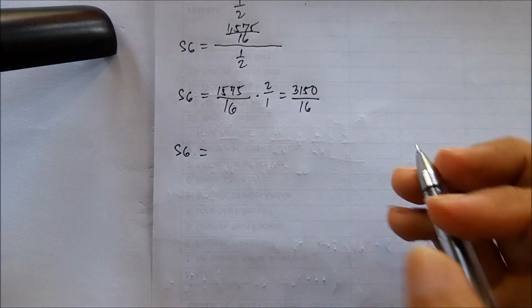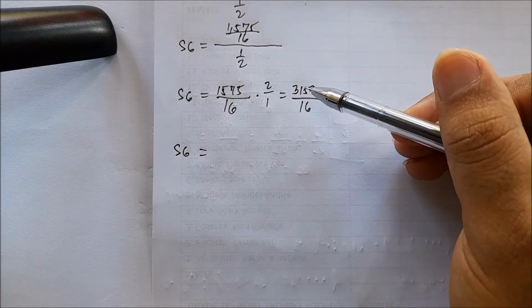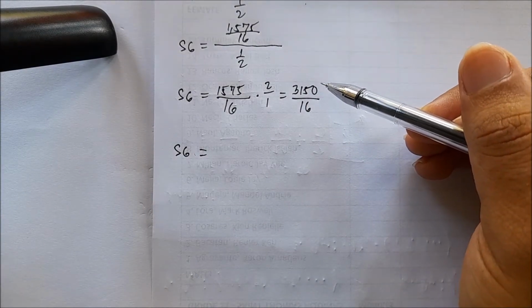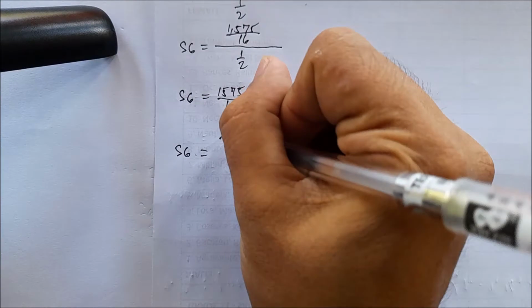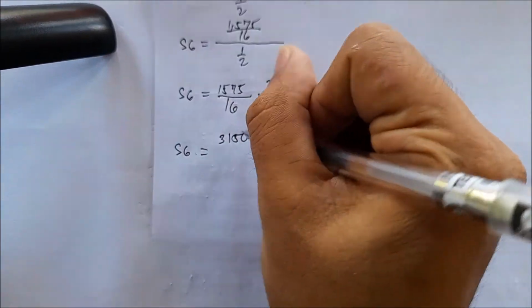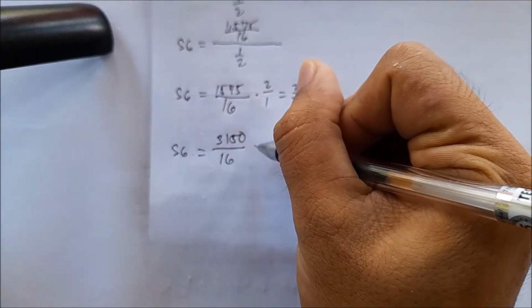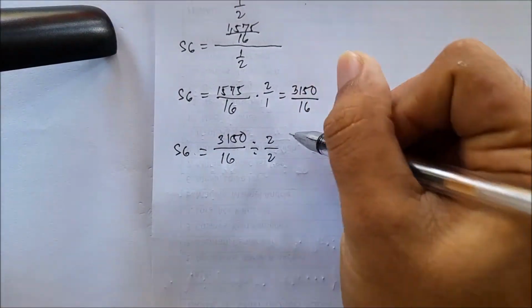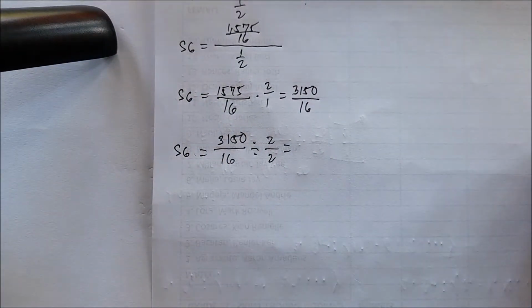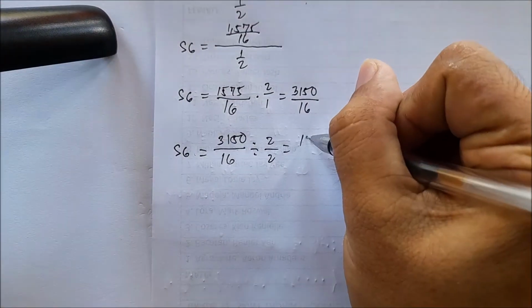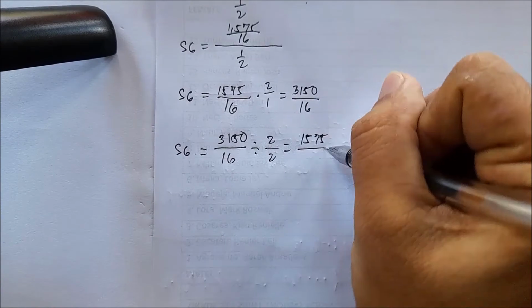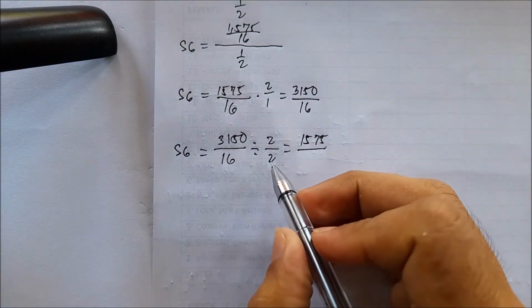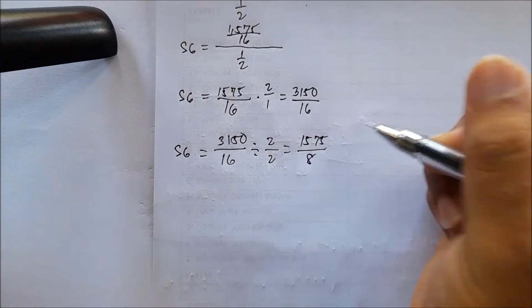S sub 6 equals, you can simplify that: 3,150 over 16, divided both by 2. 3,150 divided by 2 equals 1,575, and 16 divided by 2 is 8.